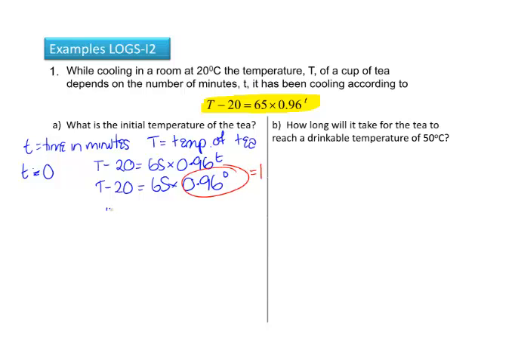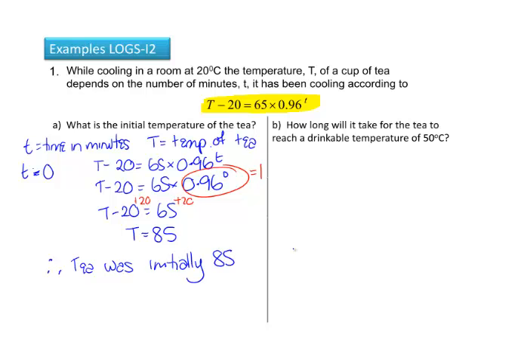So now I have T take 20 equals 65. So I add 20 to both sides and I end up with T equals 85. Okay, so therefore T was initially 85, and what's the units? Degrees Celsius.